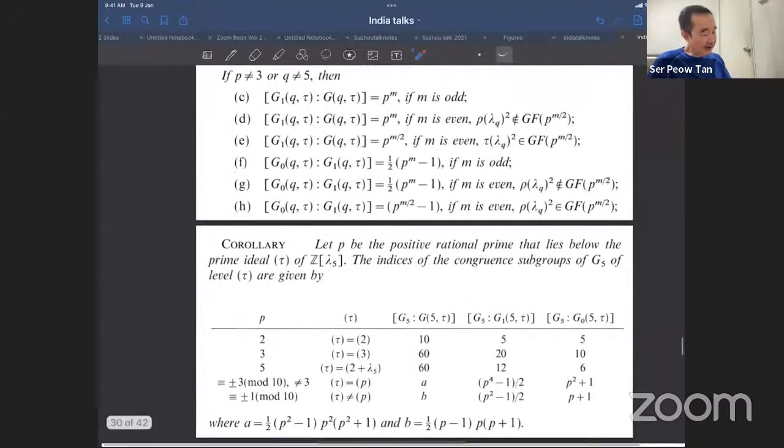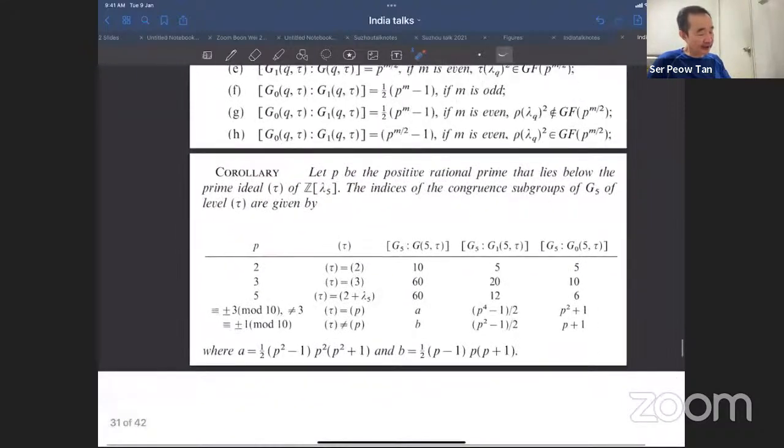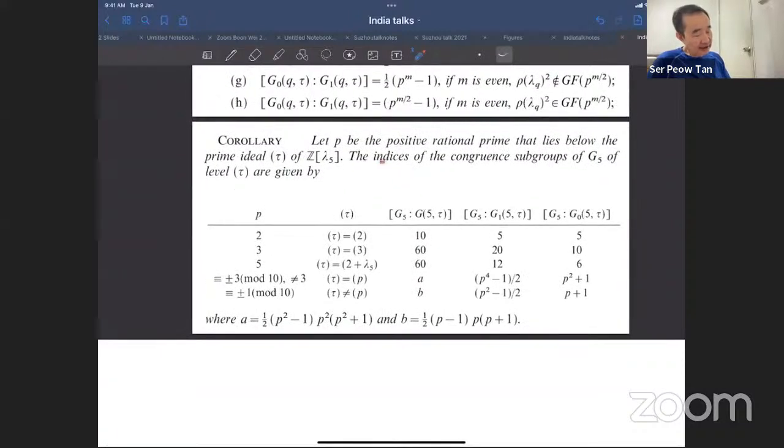As a corollary, the indices of the principal congruence subgroup of G5 of level tau, where tau is a prime ideal sitting below the prime P, are given by these numbers. When P is equal to 2, the index for the principal congruence subgroup is 10, and the index for these two subgroups is 5, which means in this case that these two groups are the same.